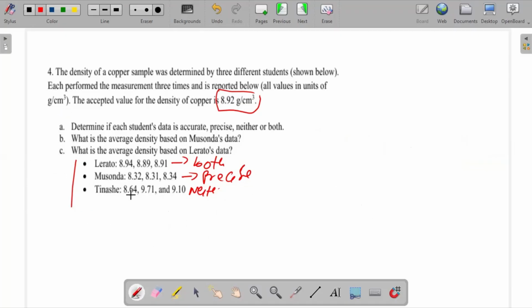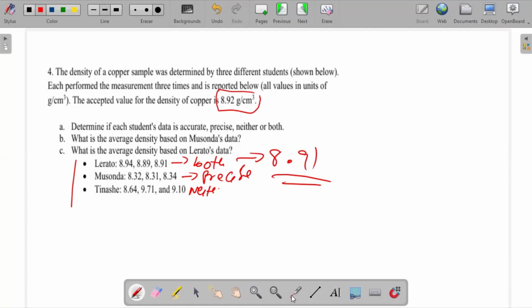So you're simply adding 8.94 plus 8.89 plus 8.91, then you divide by 3. What's the average number, to three significant figures? 8.91. Okay. So I hope people are clear on precision and accuracy.